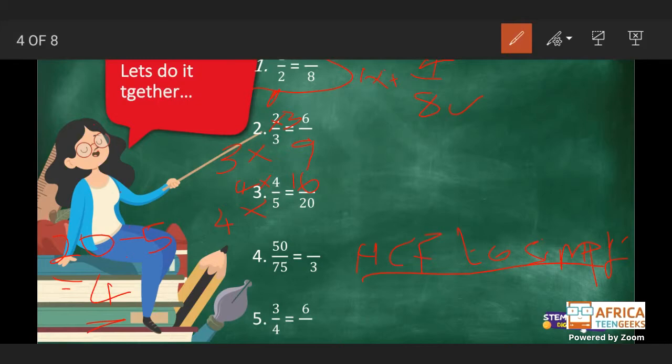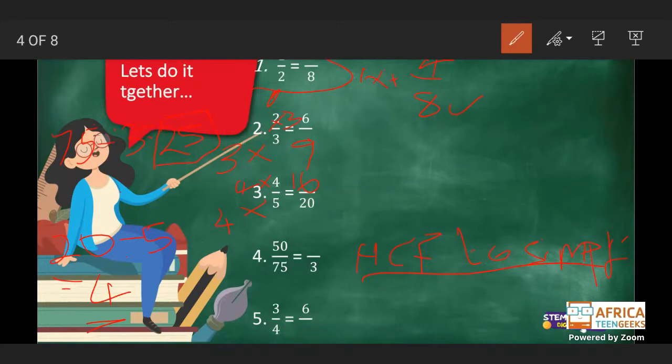Okay, so now we are doing number 4, right? So number 4 will have 75 divided by 3, and our answer will be 25. So it means that the highest common factor is 25, meaning that the number that they used to simplify this fraction is 25.